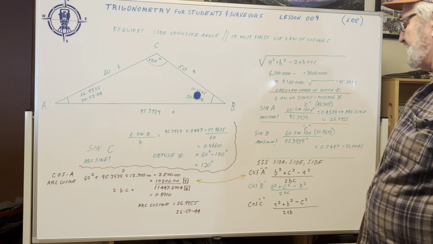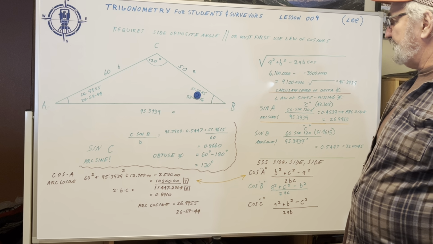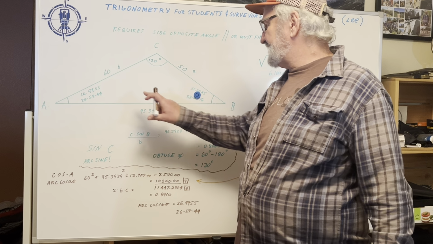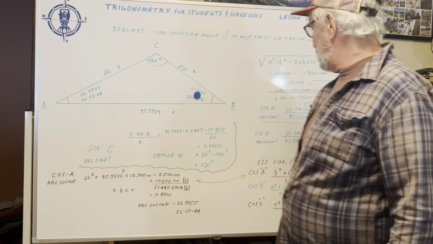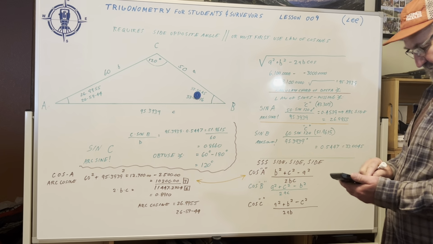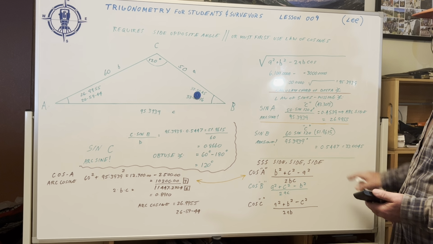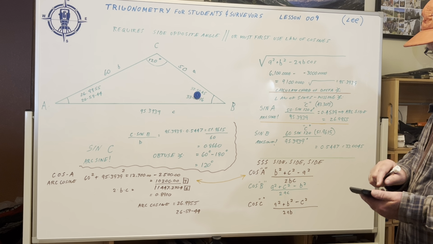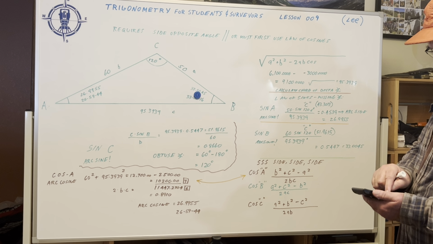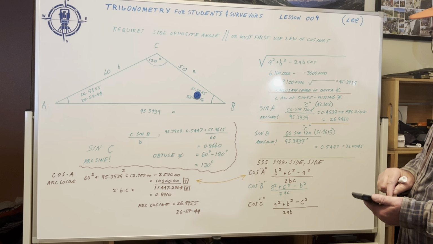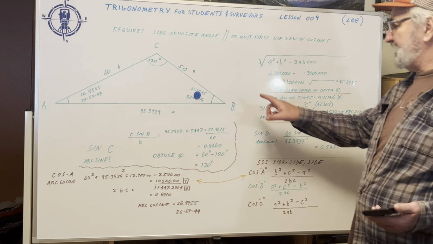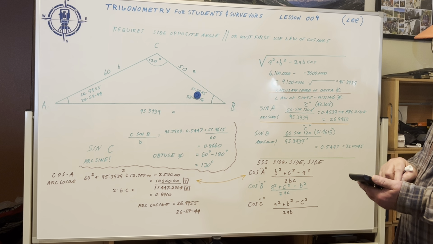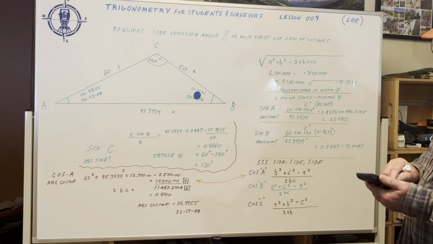Let's do another one. Let's go B. We're looking for the side opposite the angle we're looking for, so that goes in first. 60, and then we want the sine of 120, and we times that, and then divide it by the opposite of this, 95.3939.